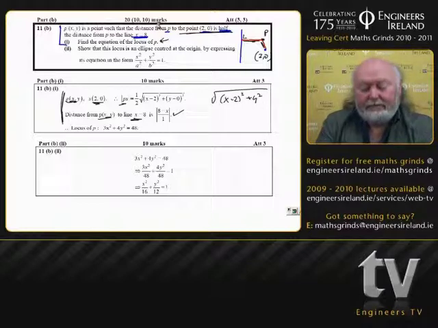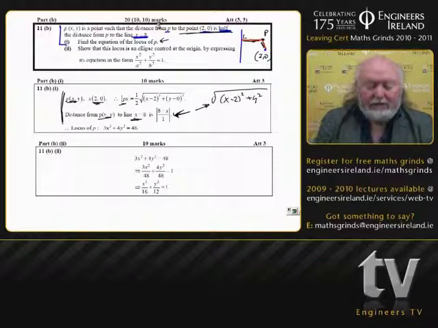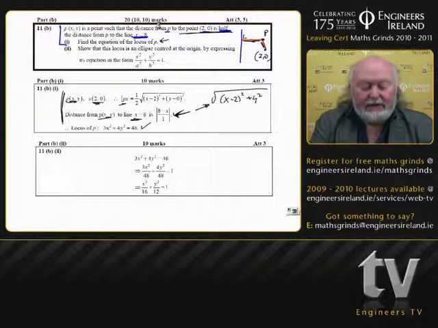We know that half of this distance is equal to that distance. When you just solve that straightforward piece of maths, you square both sides, you finish up with this equation, and that's the locus of P.